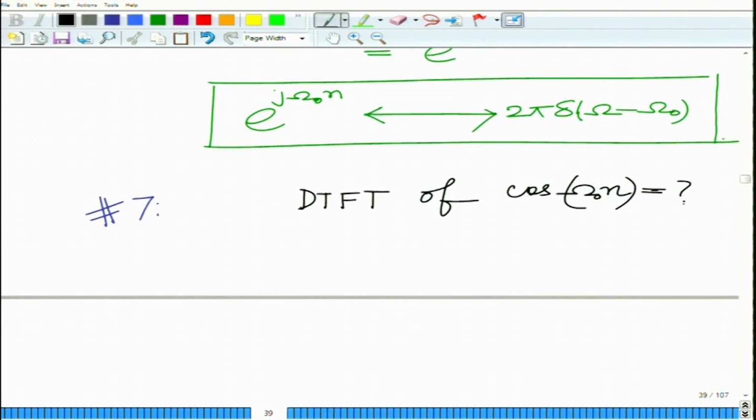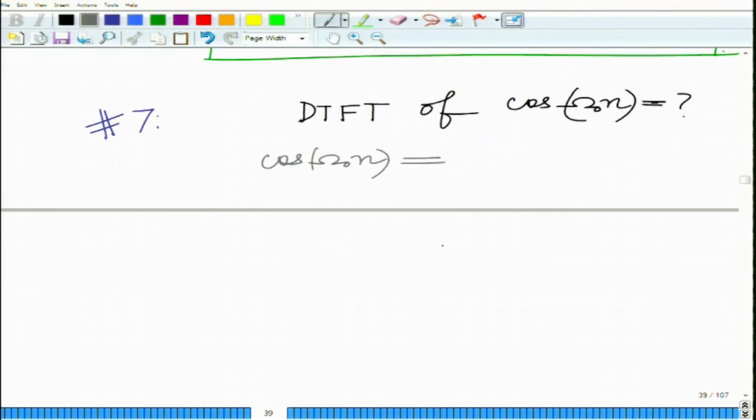What is the DTFT of cosine omega naught n? And remember, cosine omega naught n can be written as half e raised to j omega naught n plus half e raised to minus j omega naught n.